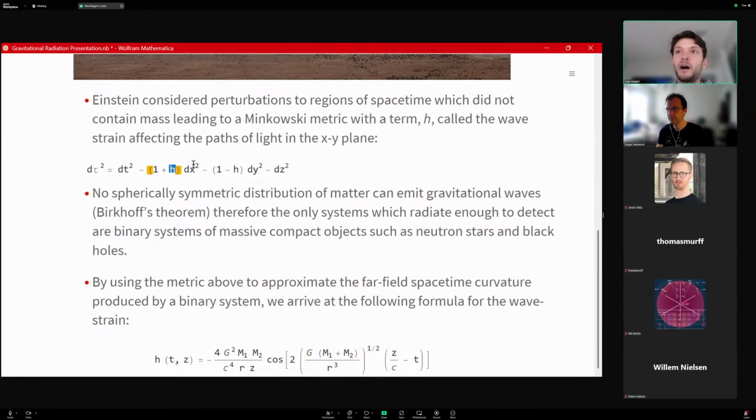Because otherwise, if you only had one direction, that would be a solution that implies there's some kind of mass distribution within your space.